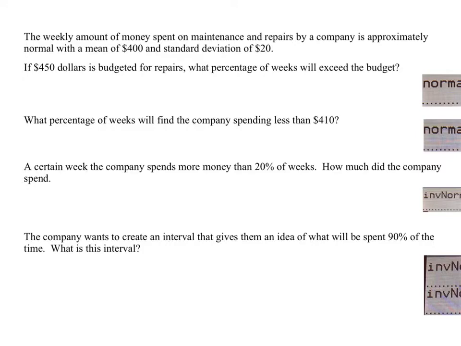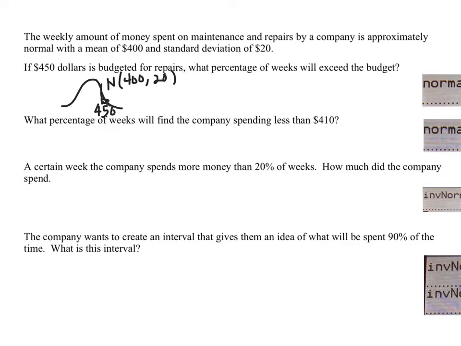So let's draw. Like always, our work here is to say, well, it's approximately normal with a mean of 400 and a standard deviation of 20. And we're wondering what percentage is above 450. Okay, so do my best to fit that in, shade.